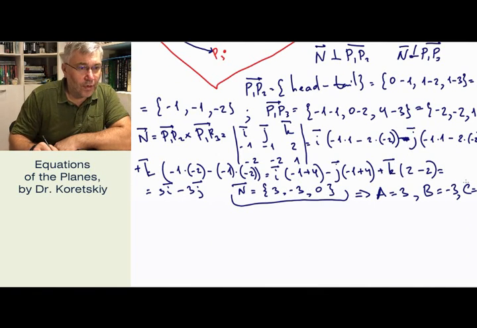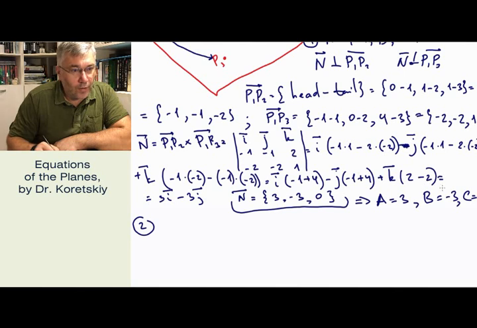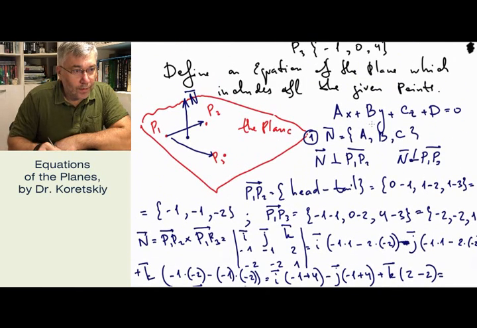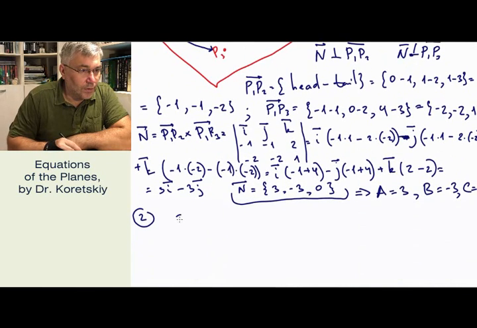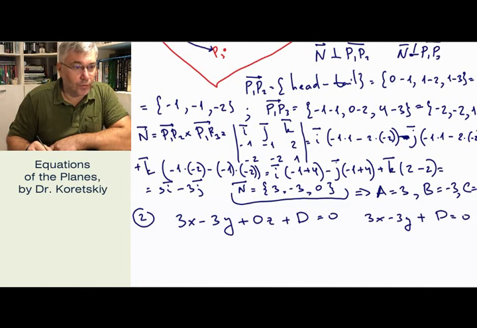The next step is to write the equation of this plane: 3x minus 3y plus 0z plus d equals 0. We can drop the 0 term, so 3x minus 3y plus d equals 0.